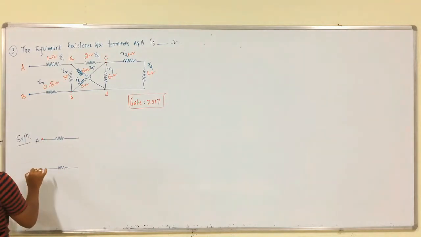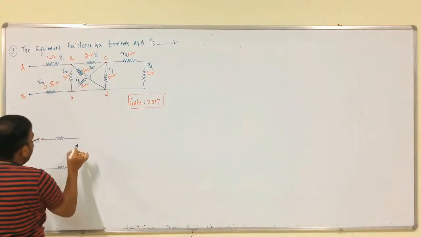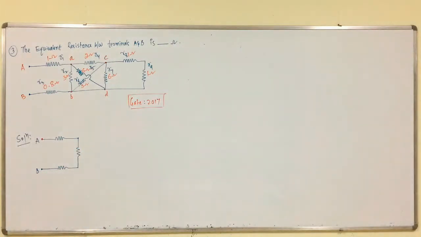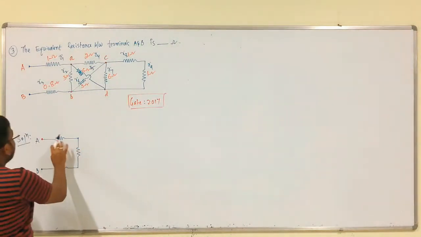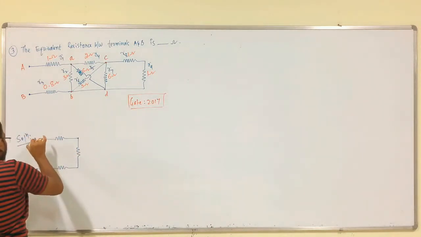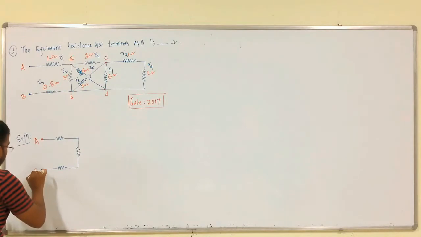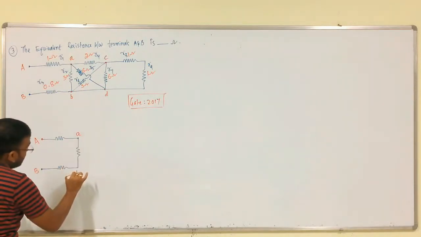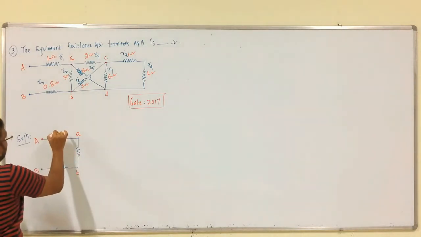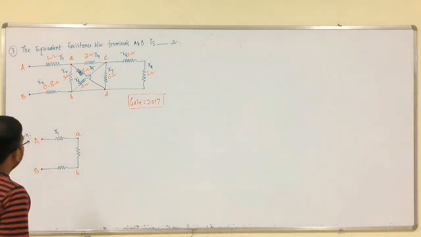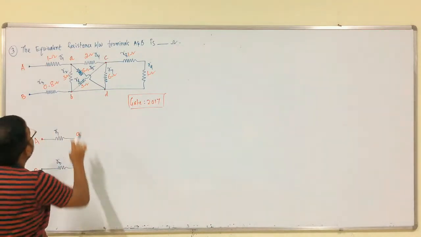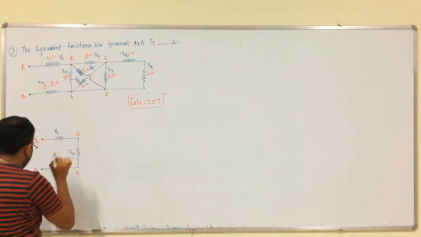This is A, this is B. Between A and A we have R 1, between B and B we have R 3, and between A and B we have R 2, completed.